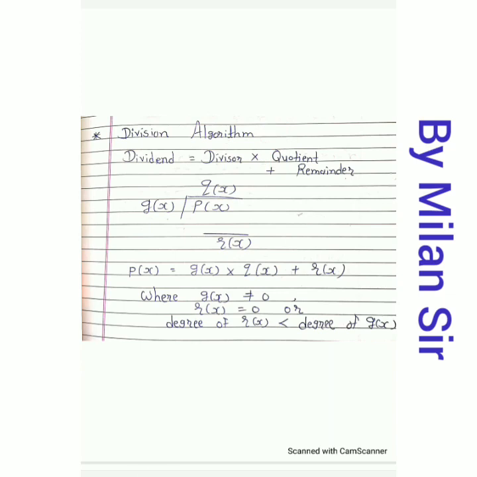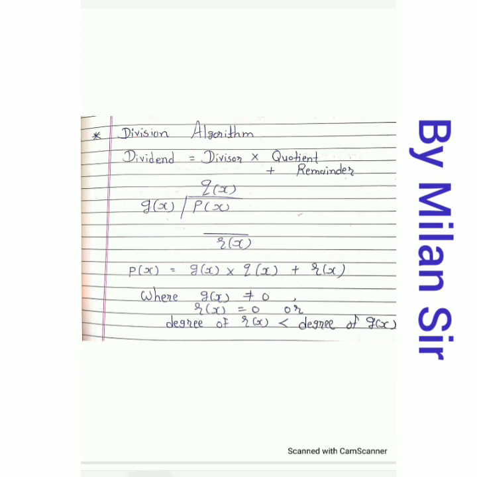Here in the case of polynomials, because we divide polynomial by polynomial, r of x is always less than g of x, but r of x and g of x are both polynomials, so we need to write in terms of degree.